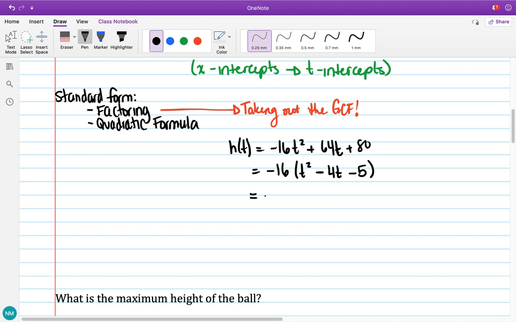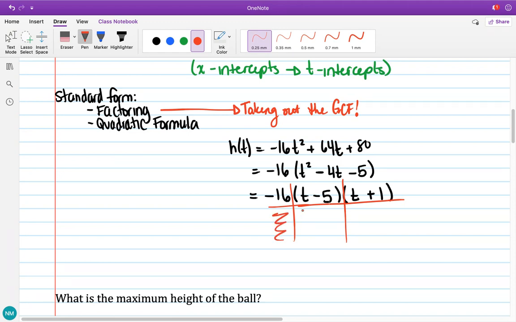Then I can use reverse FOIL and factor this trinomial. What multiplies to negative 5 and adds to negative 4? We're dealing with t minus 5 and t plus 1. And then I use my t-chart. This doesn't make a difference because it's never going to be 0. And so I get t is equal to 5 and t is equal to negative 1.